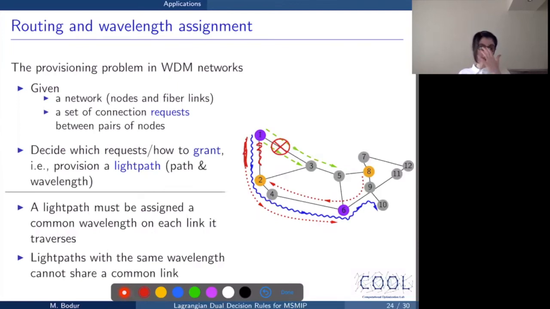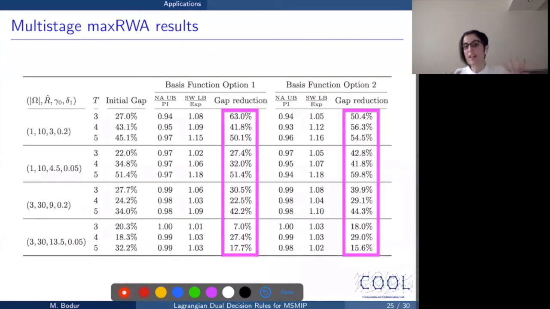What we do in this work is we propose the very first multi-stage stochastic programming formulation for this so-called RWA problem. After the modeling contribution, we apply our Lagrangian-based dual decision rules. Again, I'm just going to show you the bound improvements, so just look at the boxes that I highlighted here.